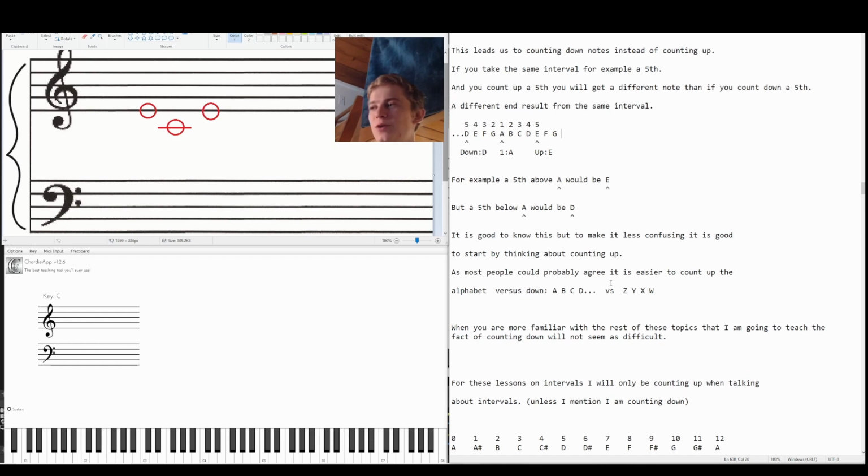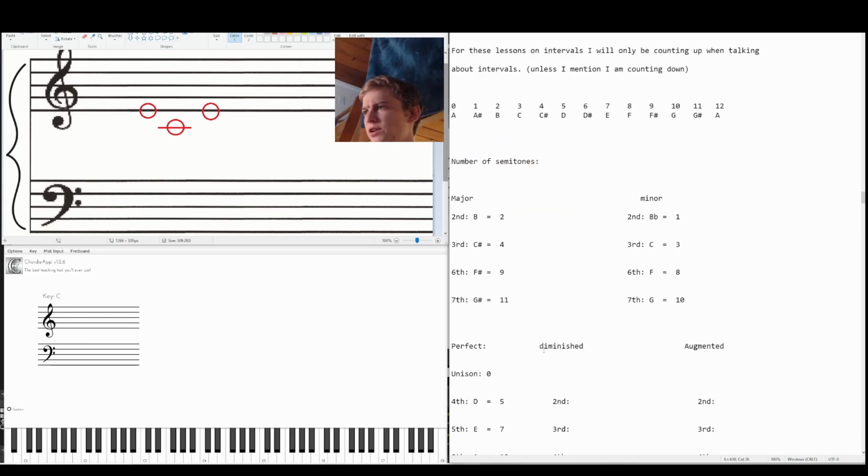As most people could probably agree, it's easier to count up the alphabet versus down. So counting A, B, C, D versus Z, Y, X, and W. When you are more familiar with the rest of these topics that I'm going to be teaching, the fact of counting down is not going to seem as difficult and confusing. You're just going to understand this stuff more.